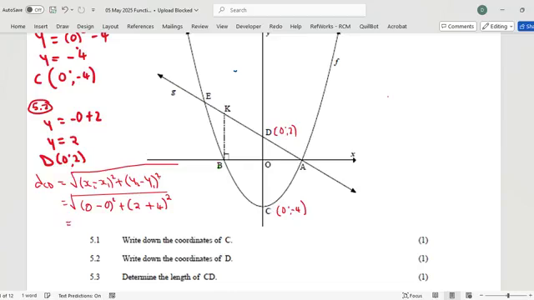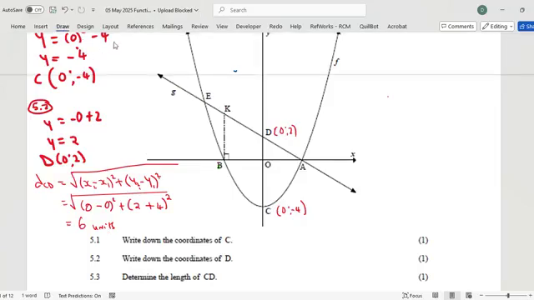Remember, I said for this kind of question you do 3 steps. Step number 1, formula. Step number 2, substitution. Step number 3, answer. What is the answer? 6 units. But someone can say, no, I understand functions very well. I'm okay with this.